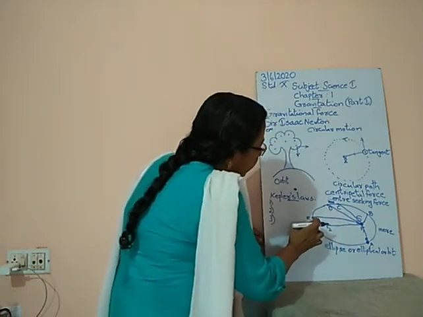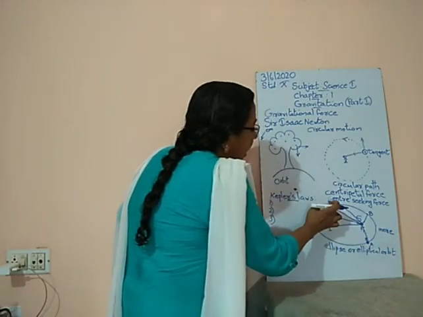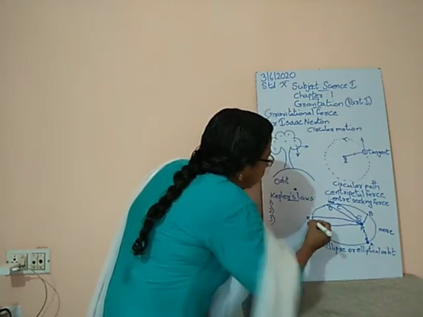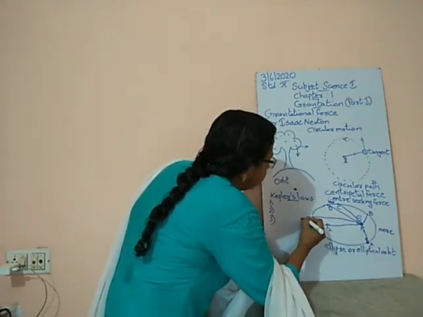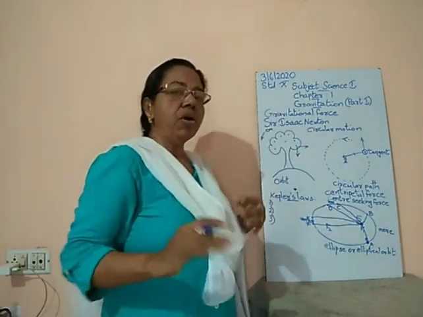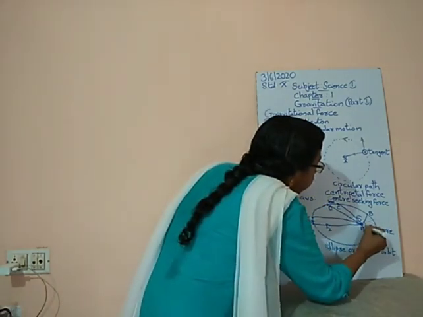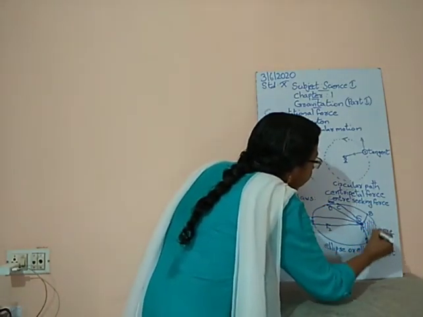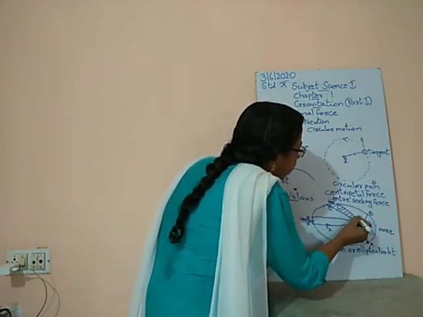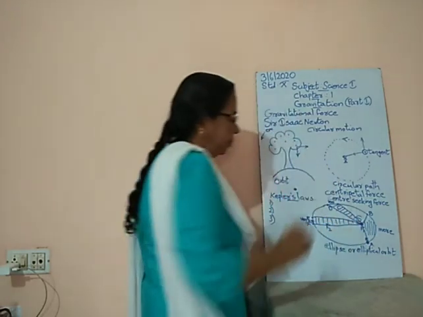Now once we see here, compared to this distance and this distance, the distance covered by the planet will be very less. But one more thing you have to keep in your mind, that the area covered by the planet at this position and at this position will be equal.